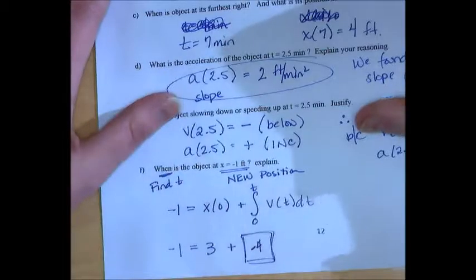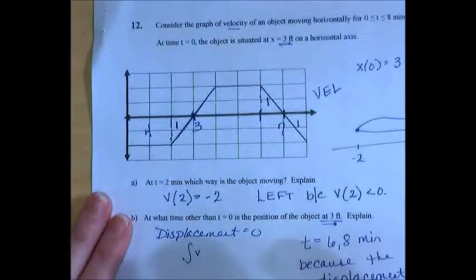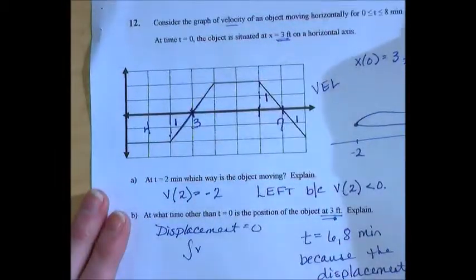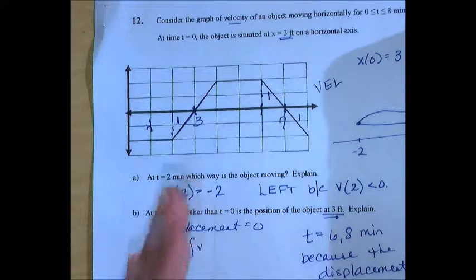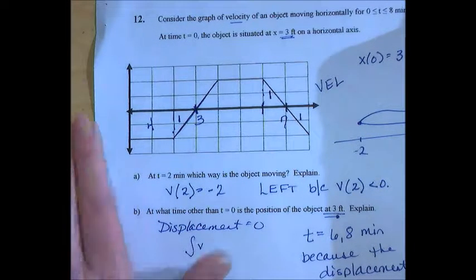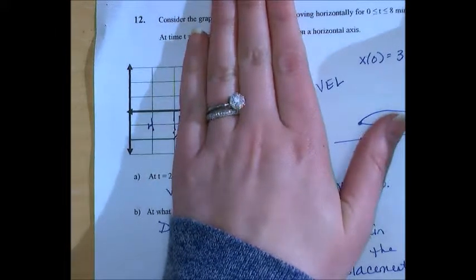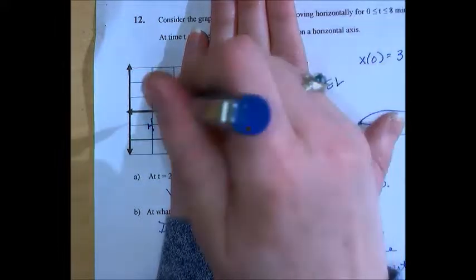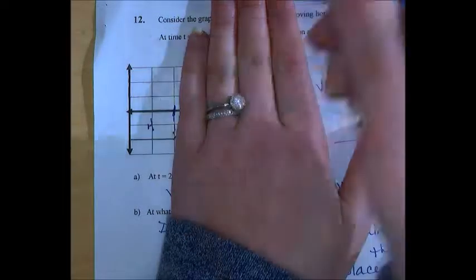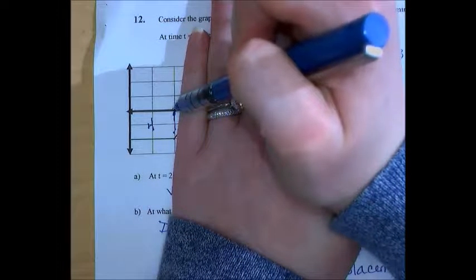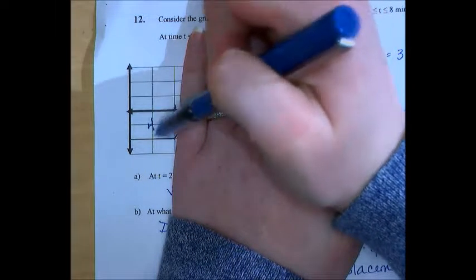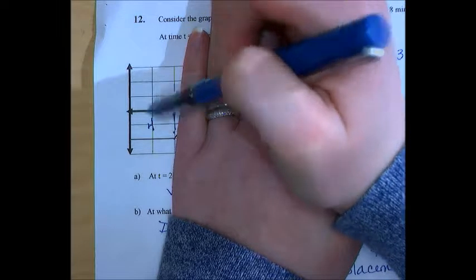So if we go back to our graph, when do I have an area under the curve of -4? If I look at this and just follow along, that's an area of -2. There's my -4 right there. So at 2 minutes here, I've got an area, an integral of -4, okay?